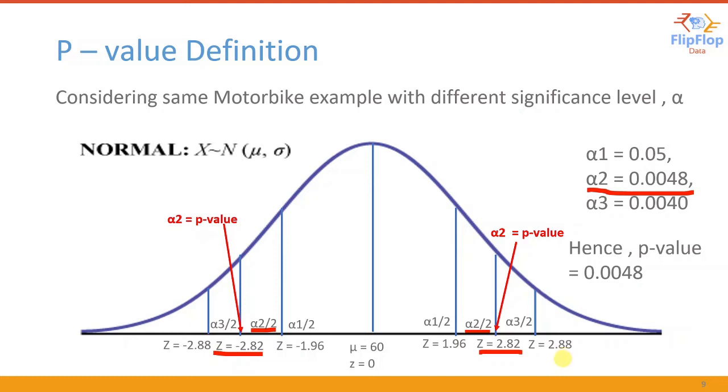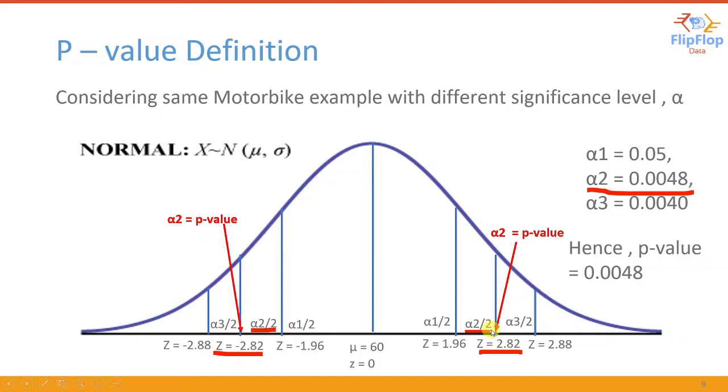So here in the first case where alpha is 0.05, the computed Z score is 1.96 and the test statistic is 2.83, which is greater than 1.96. Hence the test statistic lies in the rejection region, and based on this H0 is rejected.